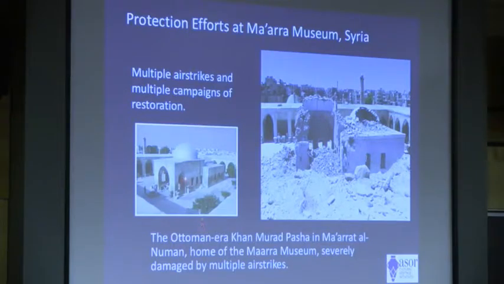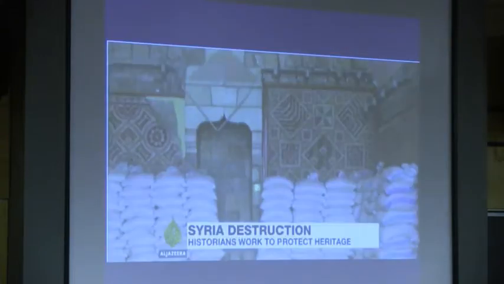So in the Kamran Pasha, you can see there's been a lot of destruction from the damage. And this is important because it's actually used as a museum to collect together many of the objects found in some of the sites in the area. So on the walls, there's mosaics.